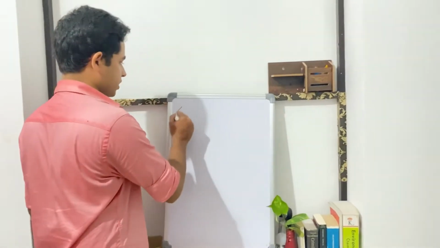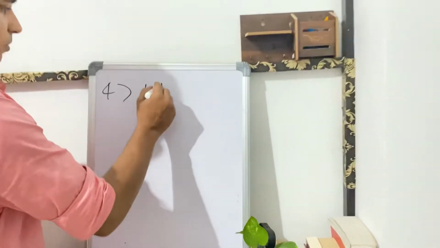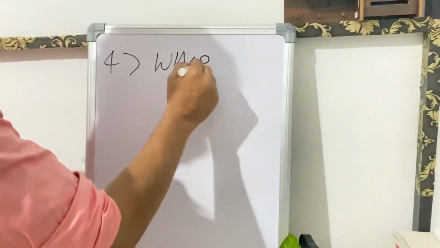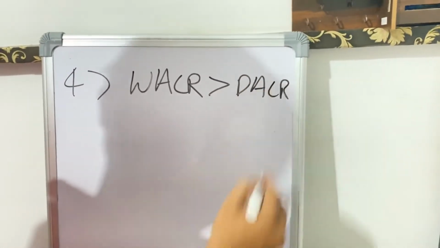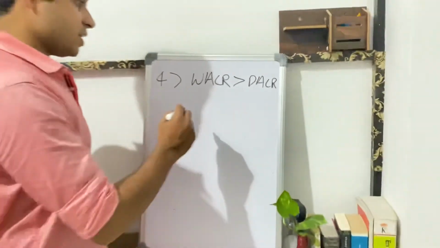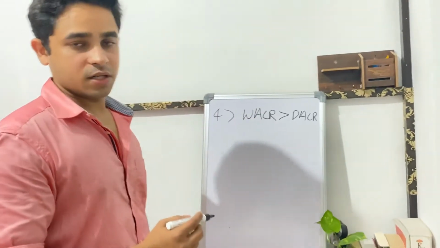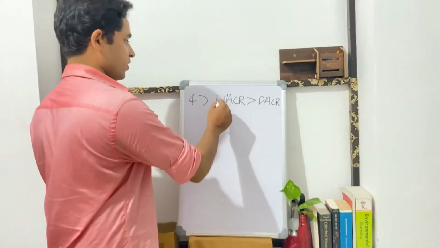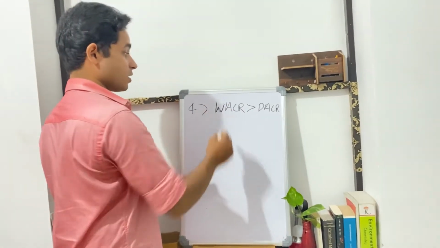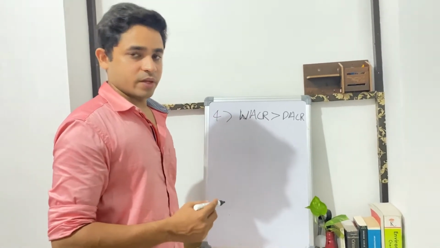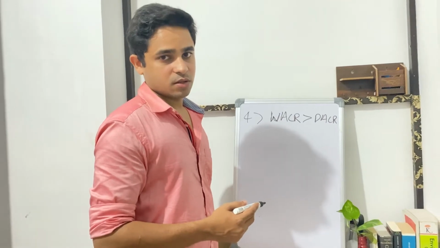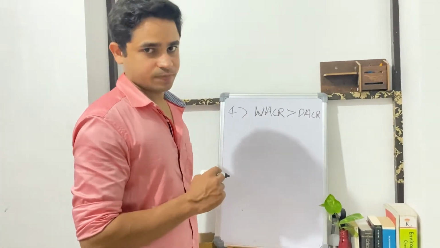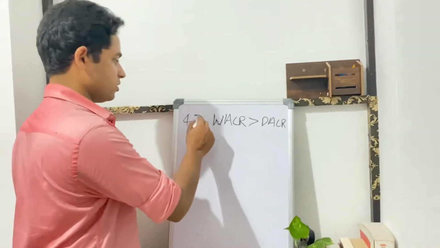There is a fourth case where WALR, which is wet adiabatic lapse rate, is greater than DALR. In this scenario, rains can happen. Rains will happen, and if the moisture content is higher than a particular limit, there will be torrential rains and there will be violent storms. Okay, this is the fourth case.